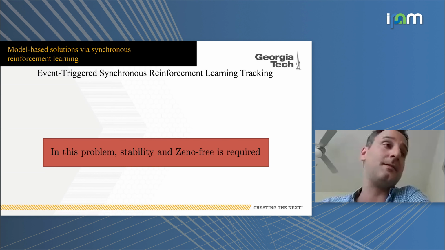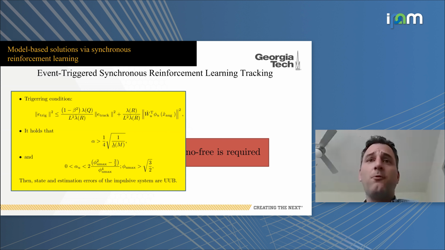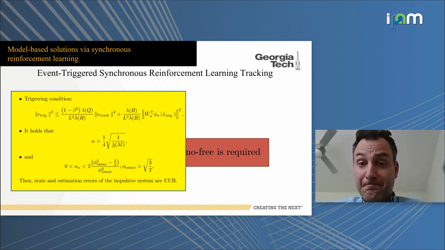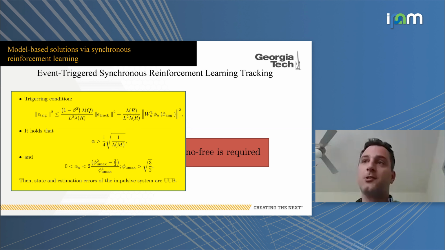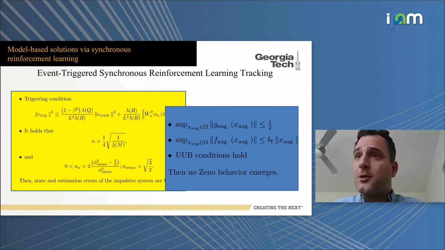Zeno behavior means you have infinite switches in finite time, so we want to avoid that. We prove that for these specific triggering conditions, we can pick our tuning parameters such that everything is good. And of course we also prove several things regarding Z.